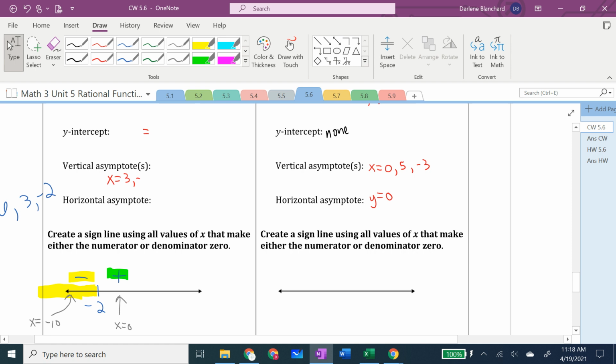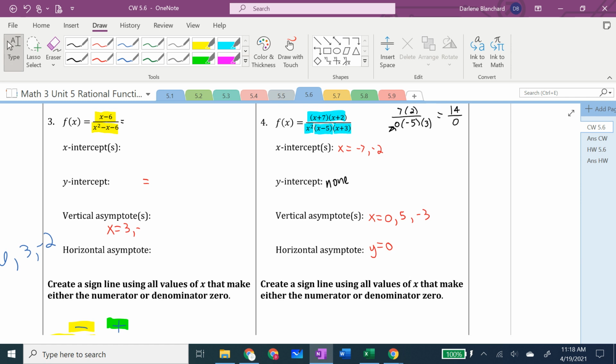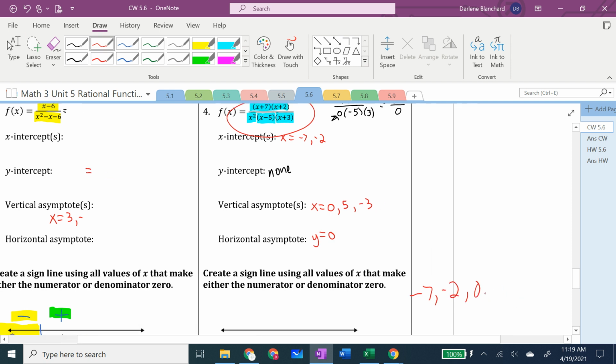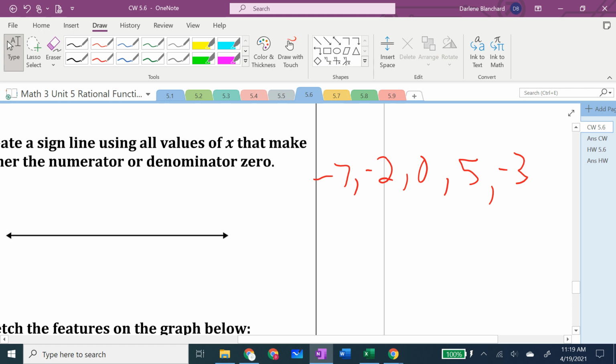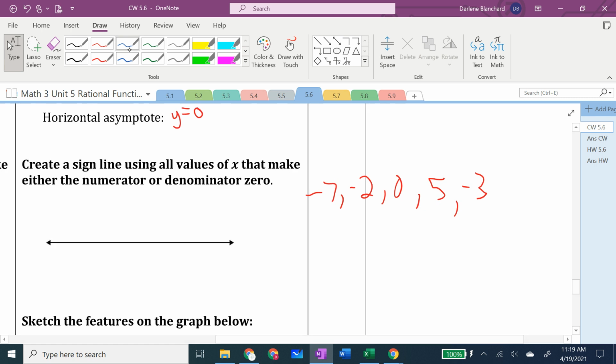Now, the number line, the sign line. I need to look at what are the numbers that make the top and the bottom equal to 0. That would be -7, -2, 0, 5, and -3. I need to put them in a proper order on a number line, but the spacing is not important.